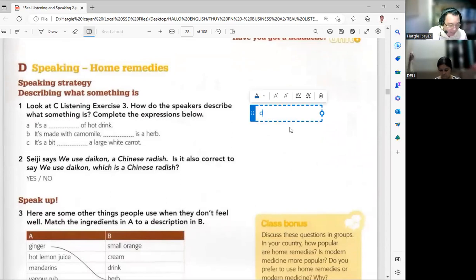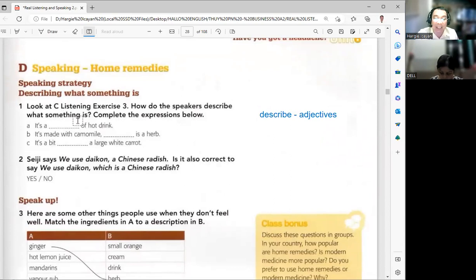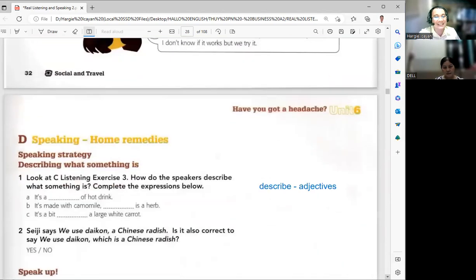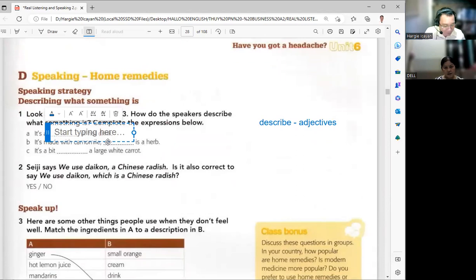So, when we say describe, that means it's an adjective. So, what do you think would be the words they use in describing something? For example, in letter A, it's a blank of hot drink. If we go back, according to Ali, it's a kind of hot drink.